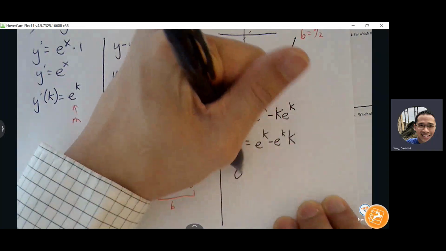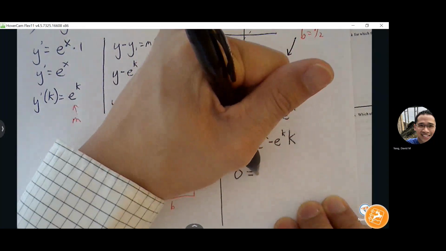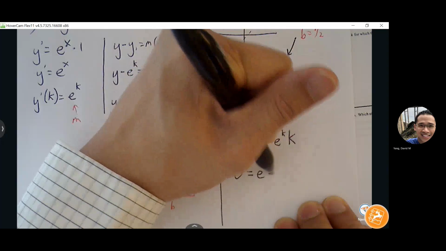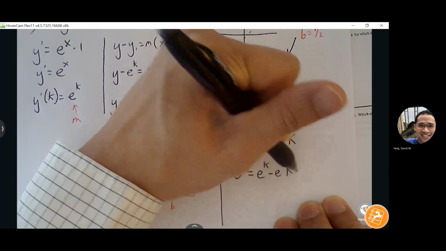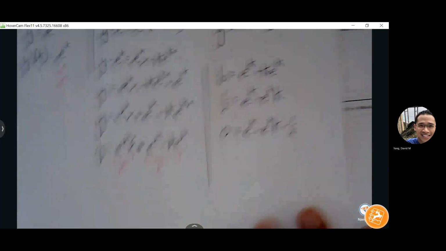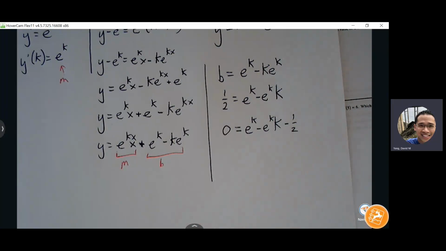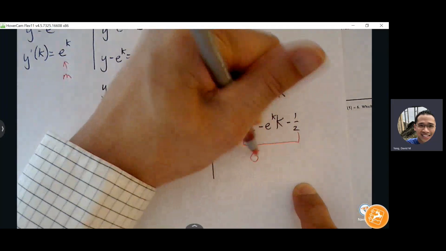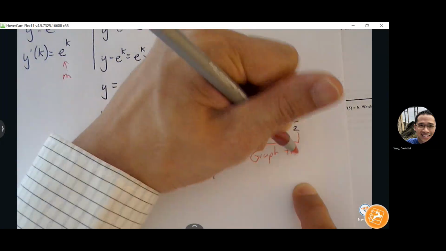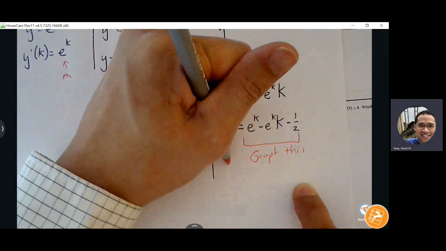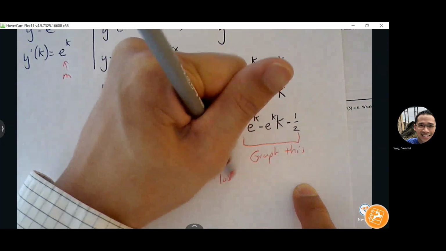Plug in 1/2 for b and bring everything over to one side. Now, this is a hard thing to solve, but we can make our calculator do the work for us. We can graph this and look for the x-intercepts. This is a really hard problem.